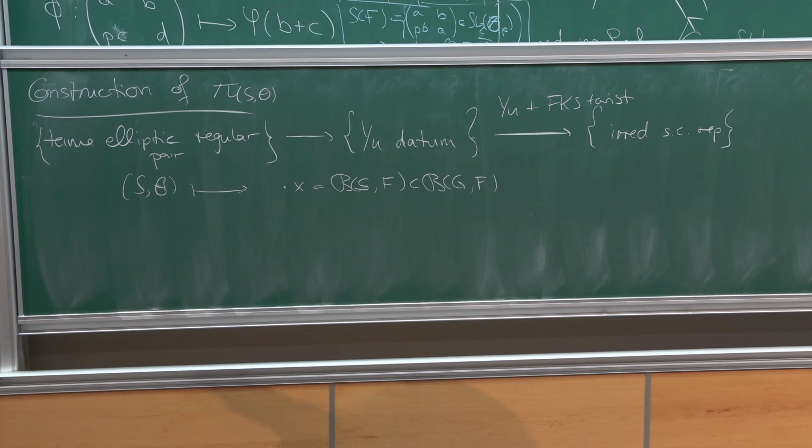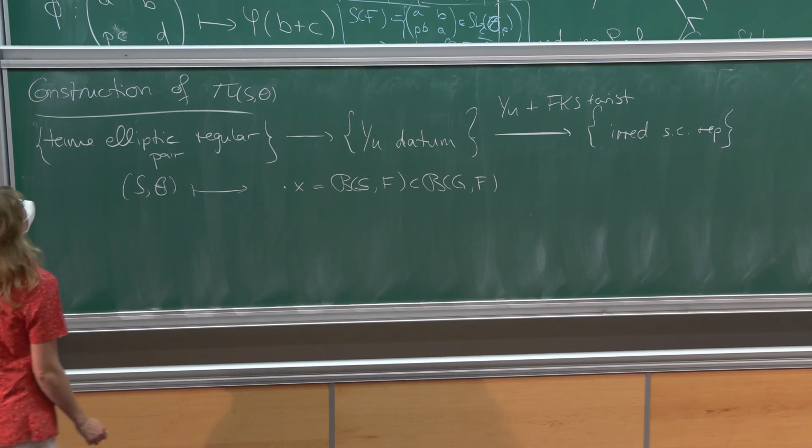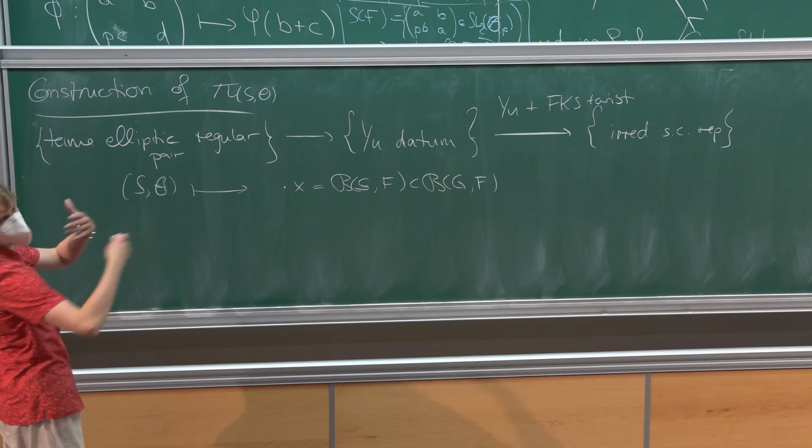So that's part 2. Well, what else do we get? We need this twisted Levi sequence and the characters on the depths.